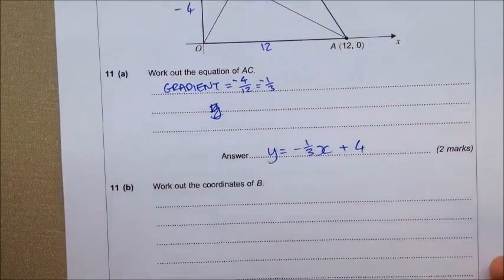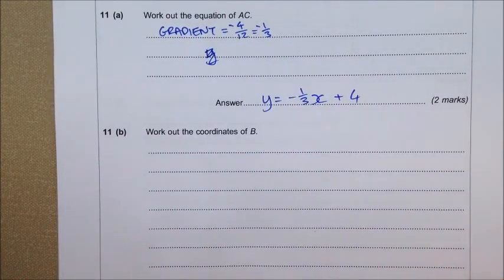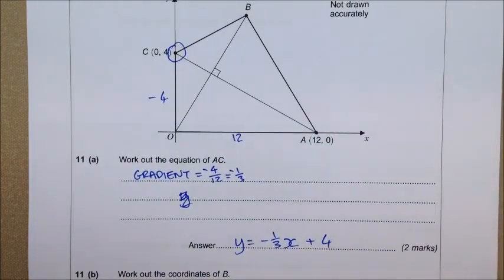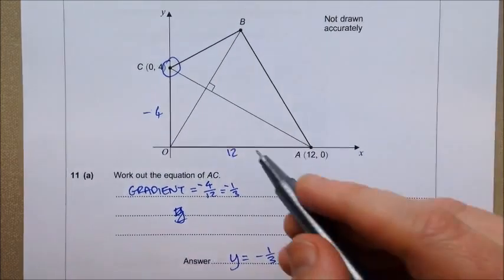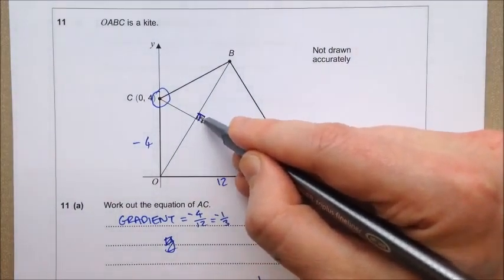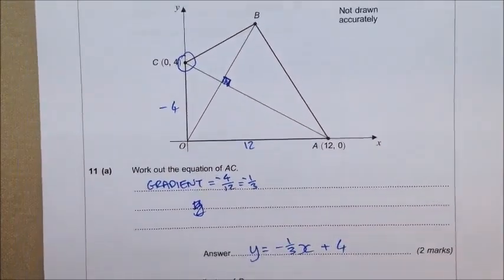Write out the coordinates of B. Right, so this is a kite shape, and these two lines are perpendicular. So you'll see that the right angle there shows that they're perpendicular.